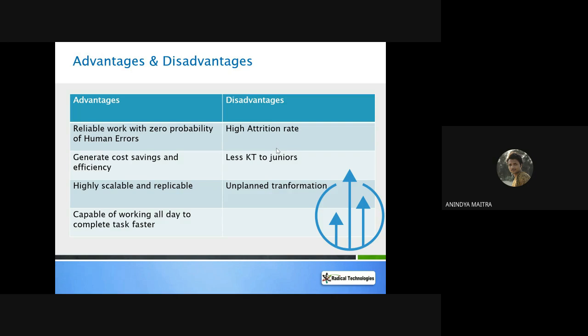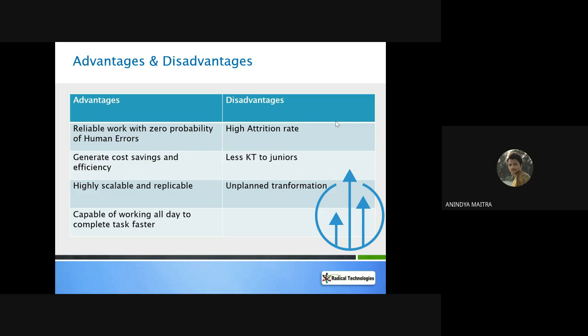Practically, it happens many times that initially you may plan to automate the entire task, but sometimes it's not possible. So we may end up automating only 40% of it. That happens very commonly.